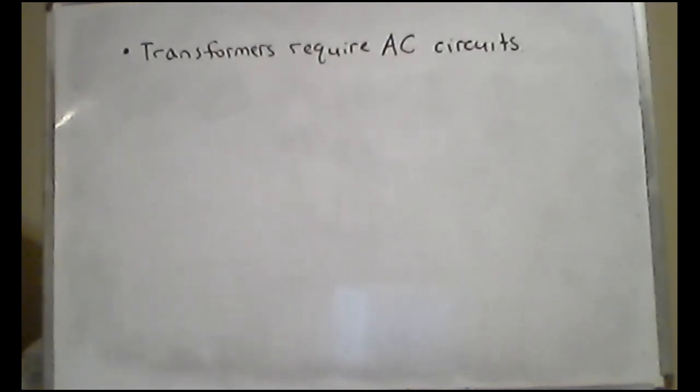Transformers can only work with time varying current. We just saw that. I derived that. I proved that. You must have time varying current because Faraday's law requires a time varying magnetic flux. So when I said that Faraday's law was one of the most important laws, if not the most important law to our technology, that's why.